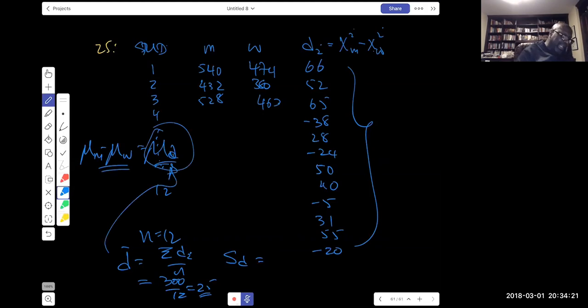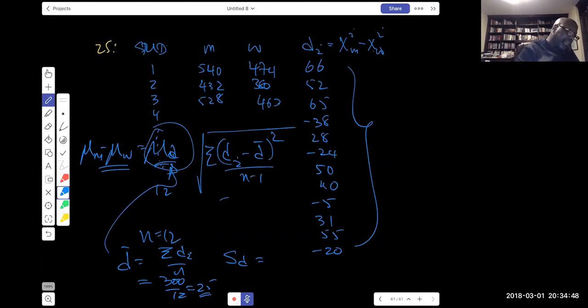Now we have to calculate the standard deviation, and you may recall I gave you a shortcut formula. The book uses this formula here, which I don't really like because to me it's just extra work. The book will give you di minus d bar squared, divided by n minus 1, and then you have to sum all of that up and take the square root of it.